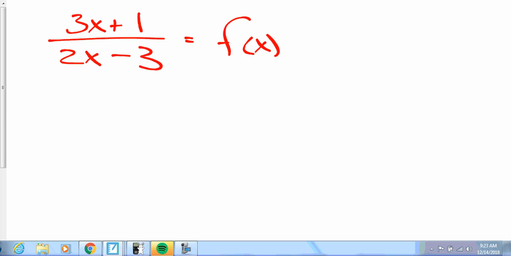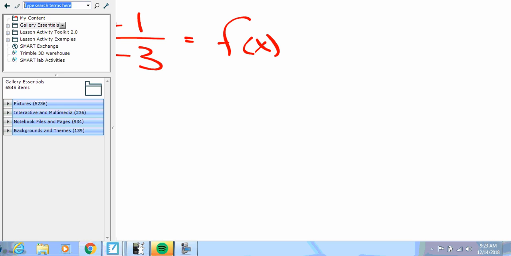So my domain excludes any value of x that makes my denominator 0. Okay, now here's another little trick here.